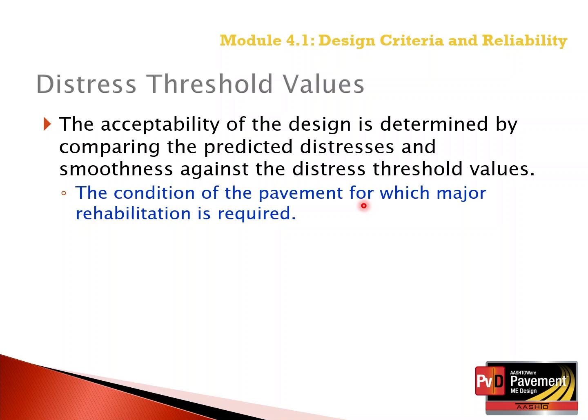This should come from the agency's pavement management system data, or how the agency operates, maintains, and rehabilitates its pavement structure. So the design should always be consistent with the agency's policy of rehabilitating the roadway.